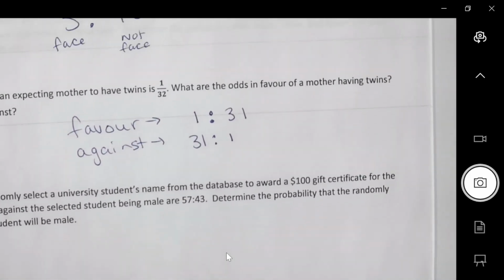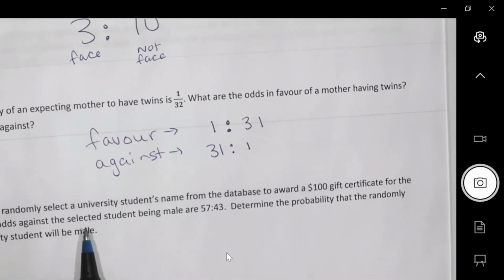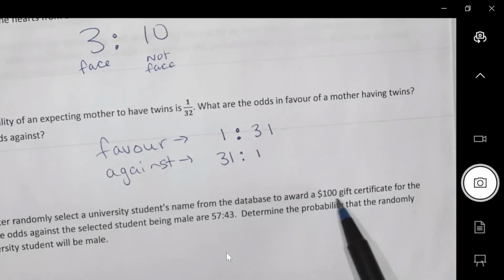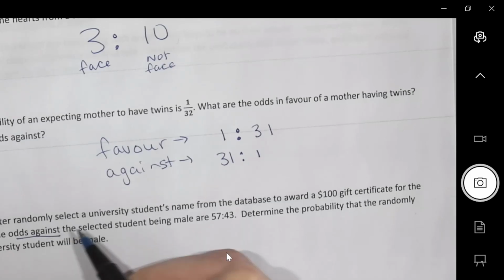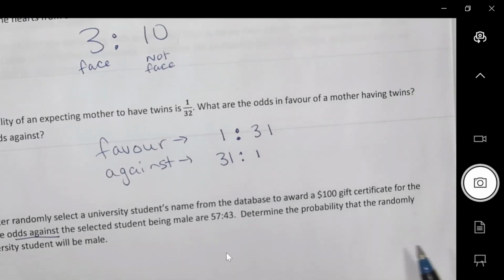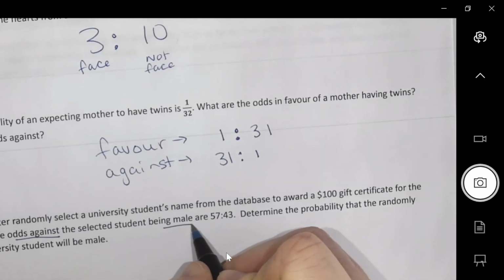Okay, number 3. A computer is randomly selecting a student for a $100 gift card. The odds against the student being male.